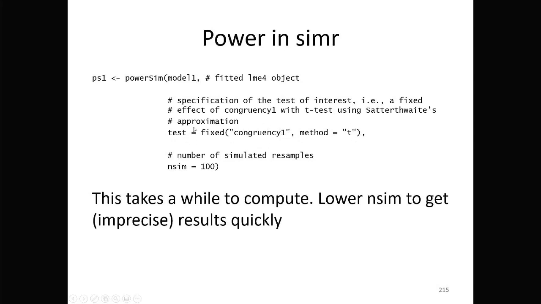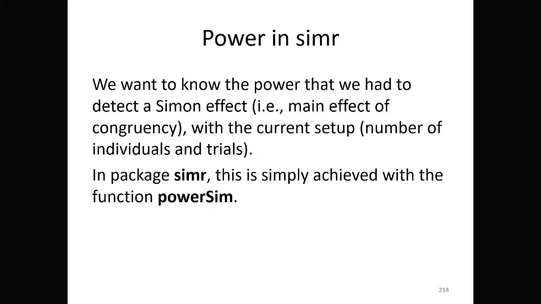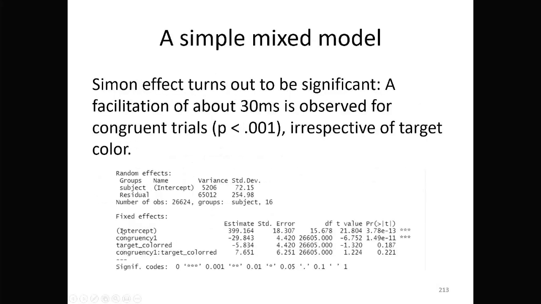So we specify test equal to fixed to tell simr that this is a fixed effect, and the parameter of interest is the fixed effect of congruency 1. It's called congruency 1 because in the regression setup, it considers the incongruent as 0 and the congruent condition as 1. And when it summarizes our result, it calls the effect congruency 1. You just look at the summary and you see the name of your effect, and you just copy paste the name.